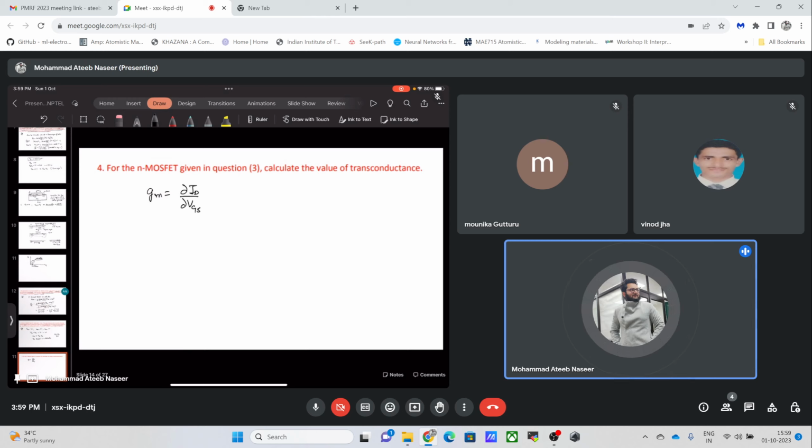Basically, if we consider the physics point of view, this Gm depends upon the density of states of the material. You must have seen in the earlier lectures that there are density of states associated with the material, and that it depends on the effective mass.